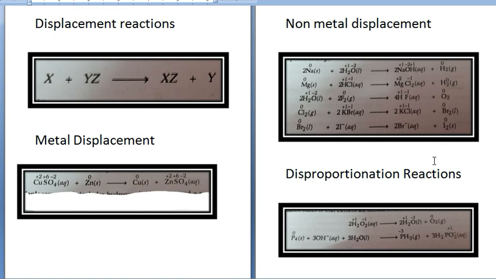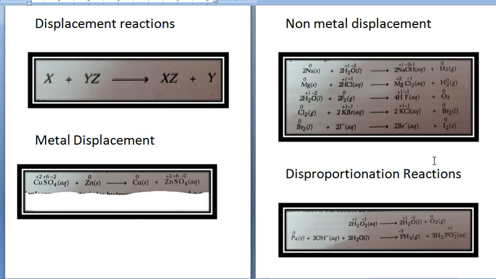Mostly non-metal displacement is hydrogen displacement, like 2Na plus 2H2O gives you 2NaOH plus H2, Mg plus 2HCl gives you MgCl2 plus H2, 2H2O plus 2F2 gives you 4HF plus O2, Cl2 plus 2KBr gives you 2KCl plus Br2, Br2 plus 2I- gives you 2Br- plus I2. So these are the non-metal displacement reactions.